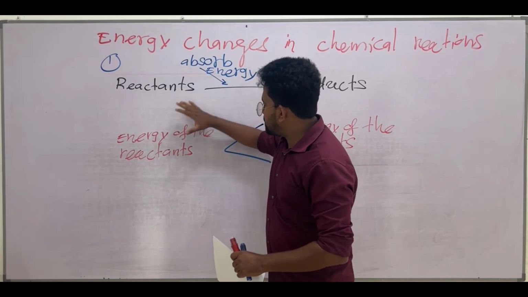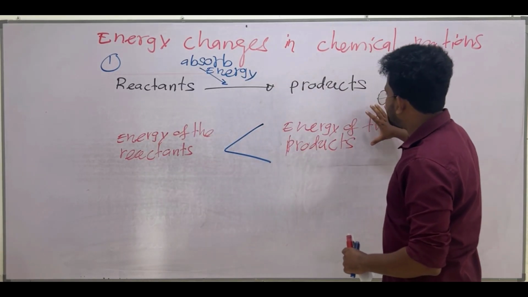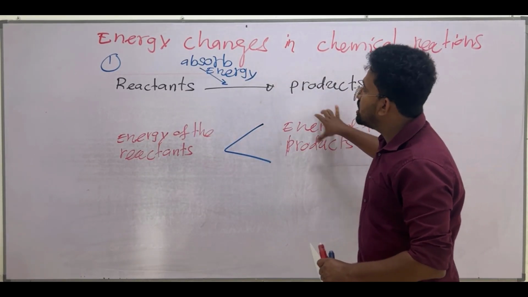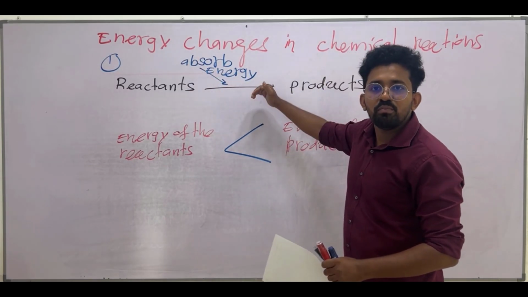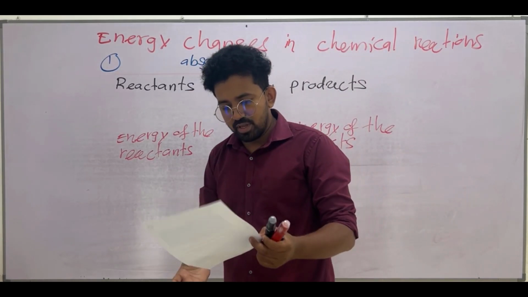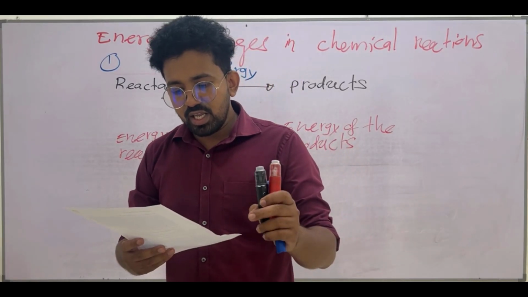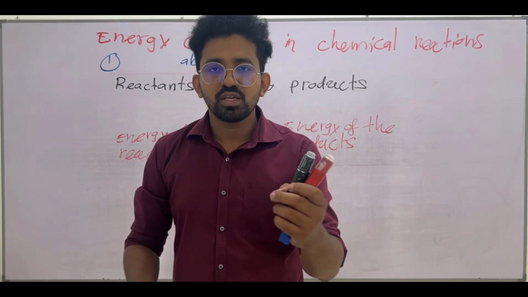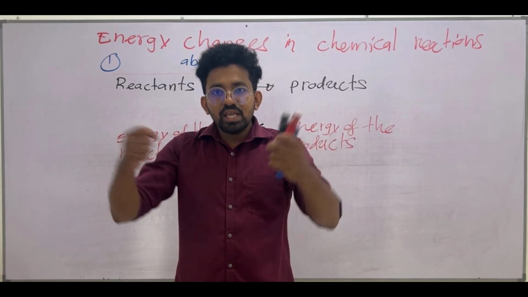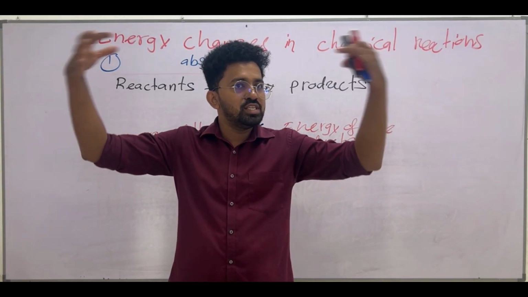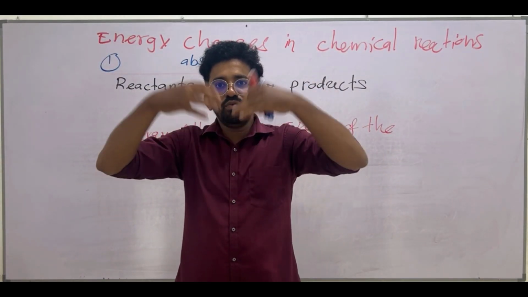Therefore, the energy of the reactant is less than the energy of the product. Product has more energy since the reaction absorbs some energy. Example: energy is taken in from the surroundings. We get energy from the surroundings and our energy will increase.